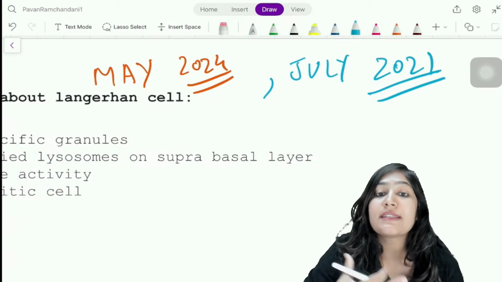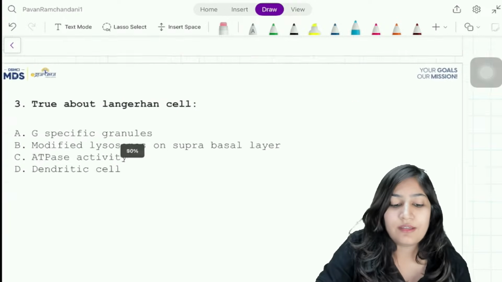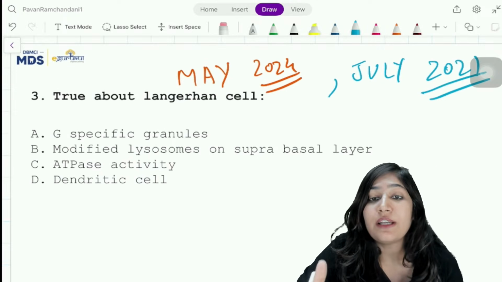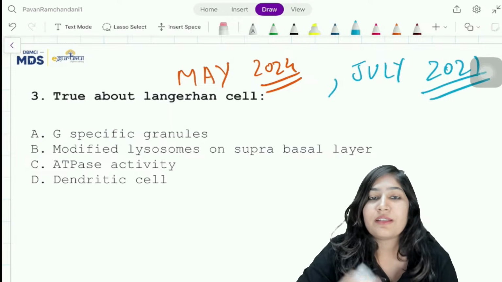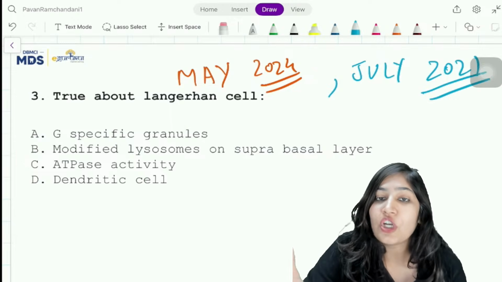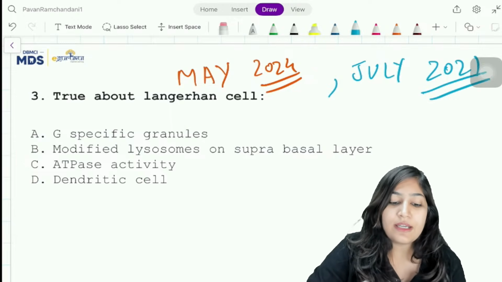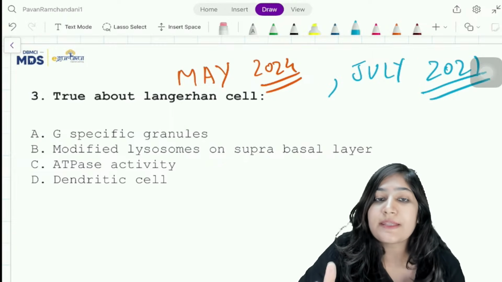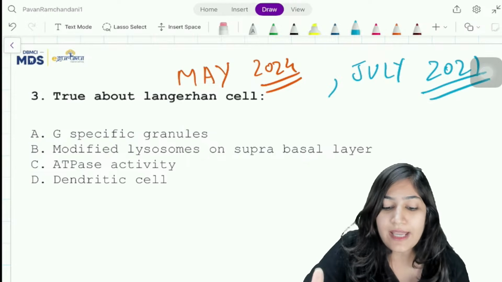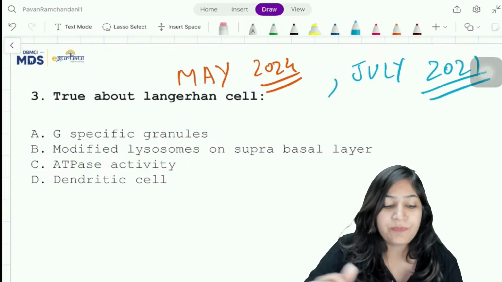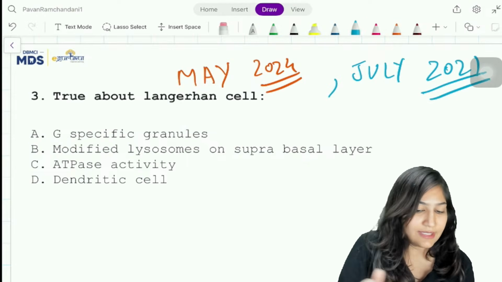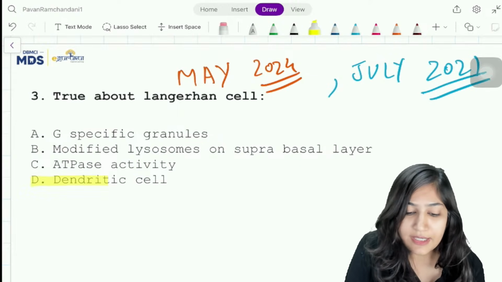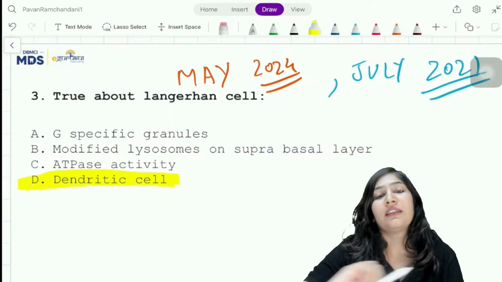Only the language was different. It was asked which is an immune cell among the given non-keratinocytes. So the correct answer was Langerhans cell. Here it is asked what is true about Langerhans cell. Is it G-specific granules? Is it modified lysosomes in suprabasal layer, ATPase activity, or dendritic cell? Again, yes, Preeti, you are correct. D is the correct answer, dendritic cell.